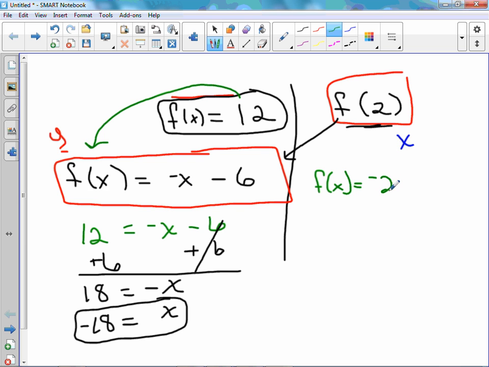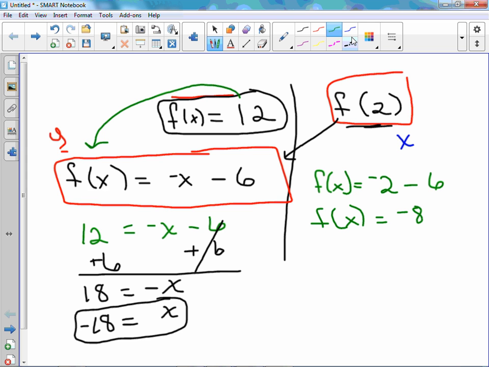So I'm just going to write negative 2 minus 6, and so f of x would equal negative 8.